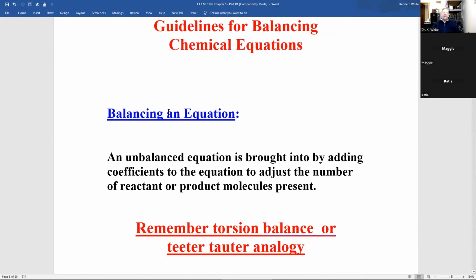Now, in chemistry, we have an important skill, and it is a skill, called balancing a chemical equation.